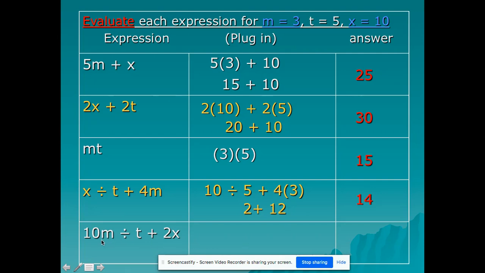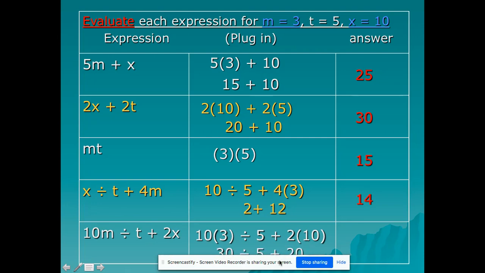And then the last one we have down here in the bottom is 10m divided by t plus 2x. Again, if you want to pause your computer and see if you can get it, I think that's a great idea. When we substitute it in, we get 10 times 3 divided by 5 plus 2 times 10. So we're going to do our multiplication. 10 times 3 is 30. 2 times 10 is 20.